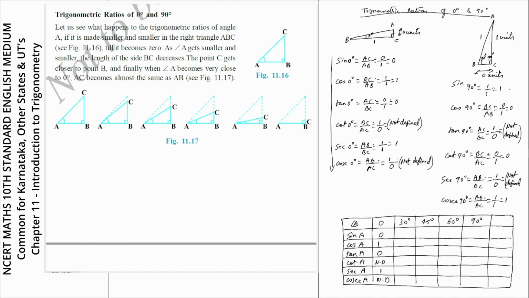Okay, similarly trigonometric ratios of 90 degree also we derived just now. So for 90 degree, sin A is 1.